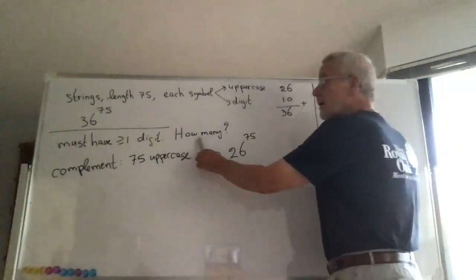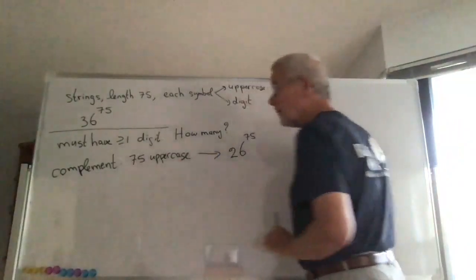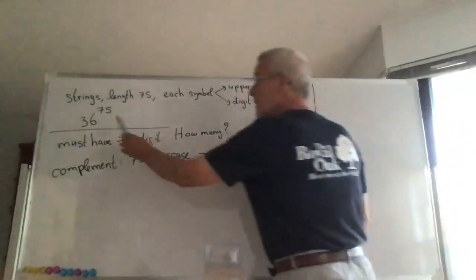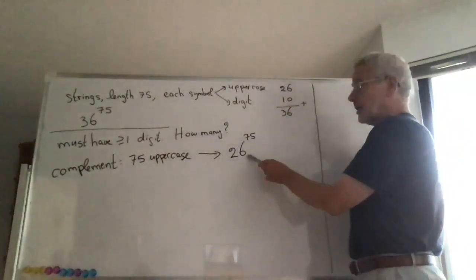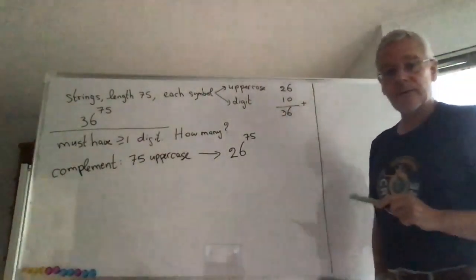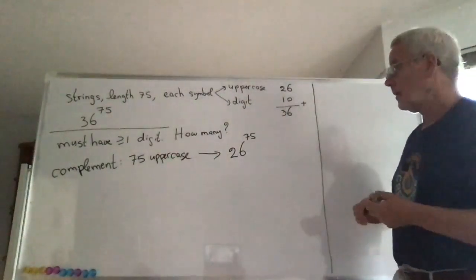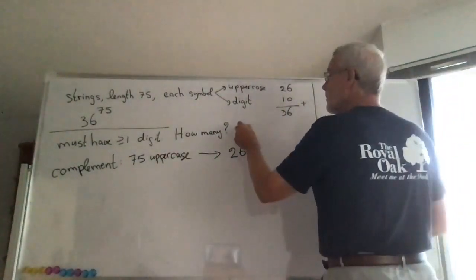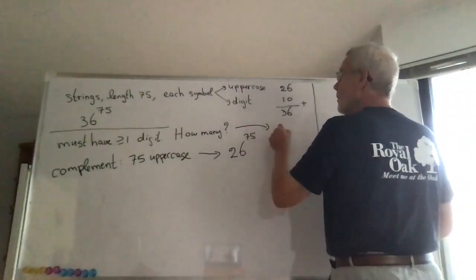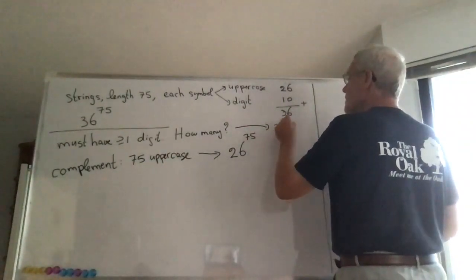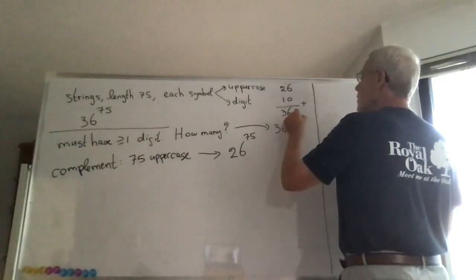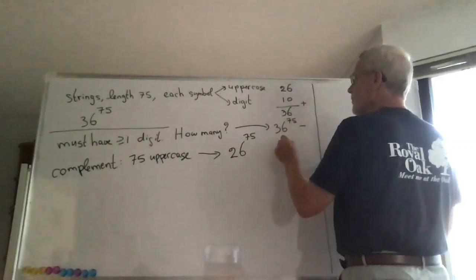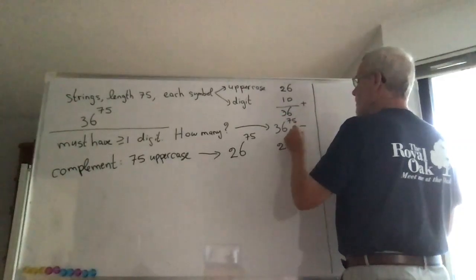So how many are there that have at least one digit? Well, that is the total number of strings minus the number of strings for the complement. And that means the answer here is 36 to the power 75 minus 26 to the power 75.